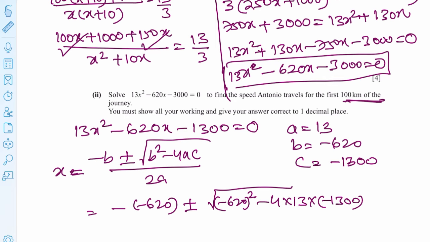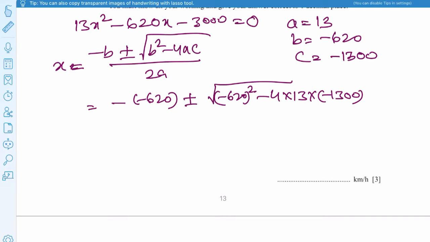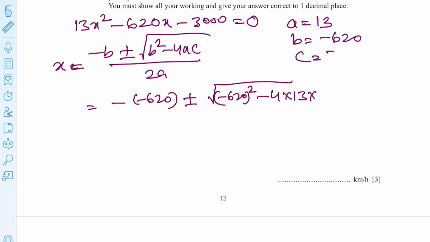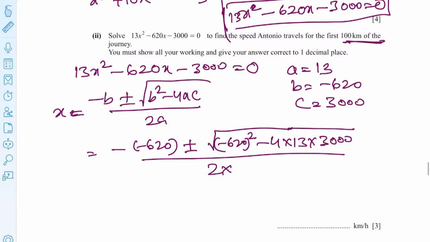I'm sorry, I made a mistake in here. So 3000 like this, correct? Okay, so this is 3000, over 2a, that is 2 times 13. So now we can use the calculator.